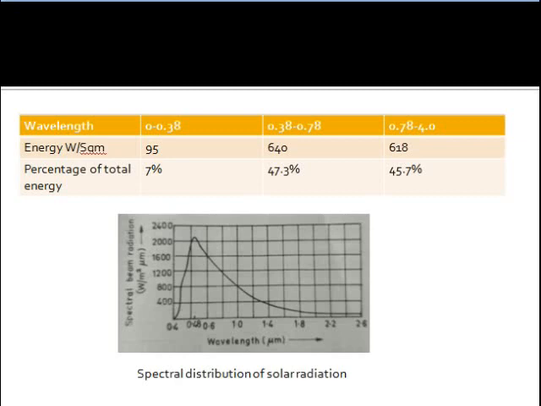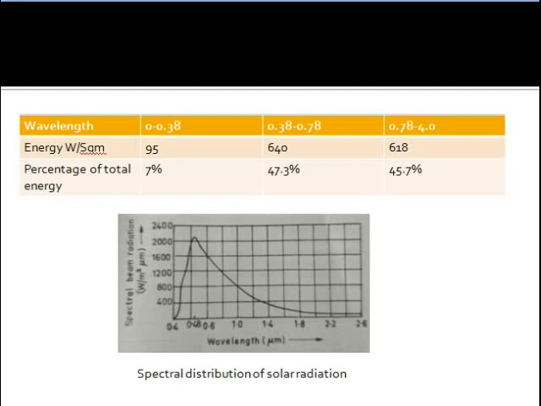And because of that bandwidth, you will get 95 watt per square meter of energy. And with visible light, which constitutes 47.3%, we can see there is 640 watt of energy in a small area of 1 meter square. So the unit is watt per meter square.